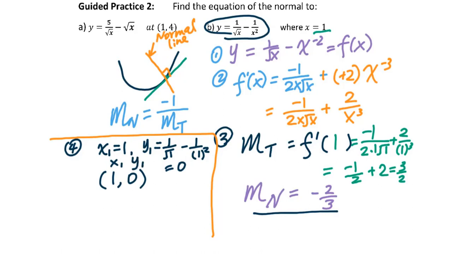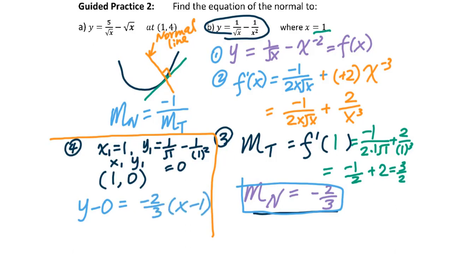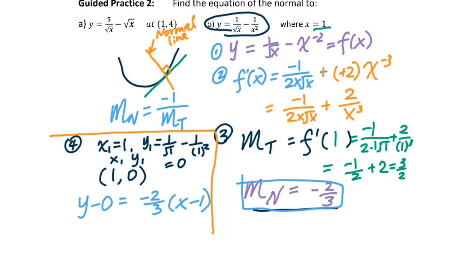Your slope is this. So we get y minus 0 equals negative 2 over 3 times x minus 1. For any linear function, we don't do y minus 0, so we get y equals negative 2 over 3 times x minus 1. Then this will be the equation of a normal line.